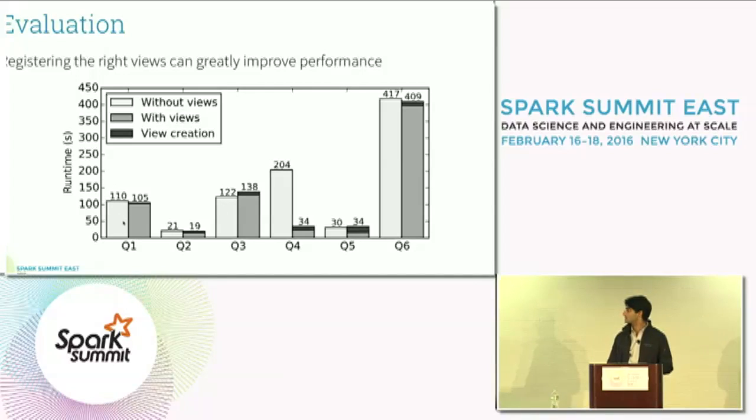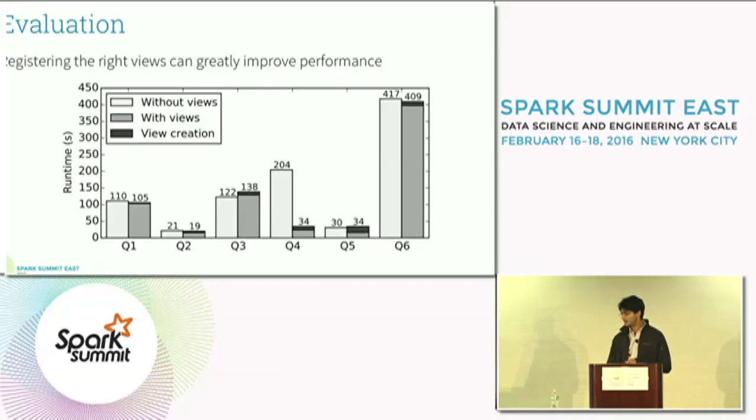Here you can see that for most of the queries, on the left side there are the results without registering any views, and on the right side of each bar is with views. In most cases it doesn't make that big of a difference, although you can save some time, pulling some pre-processing time and making it happen ahead of time. Hopefully that makes it easier to work with the system in an interactive fashion.